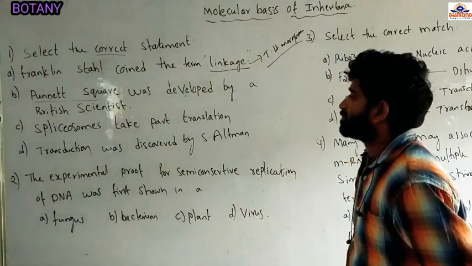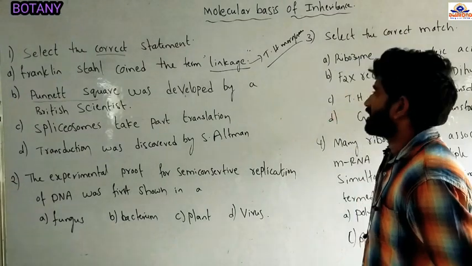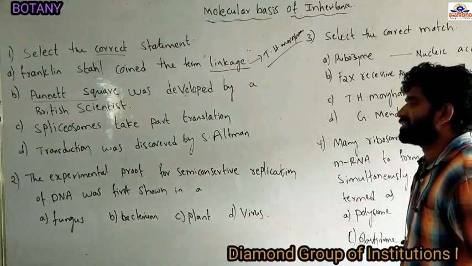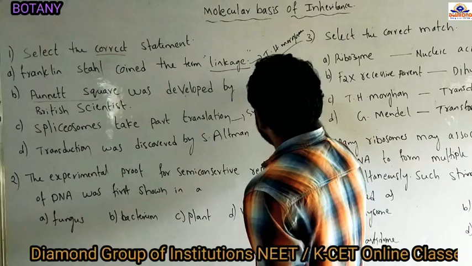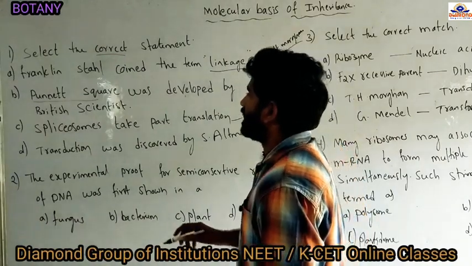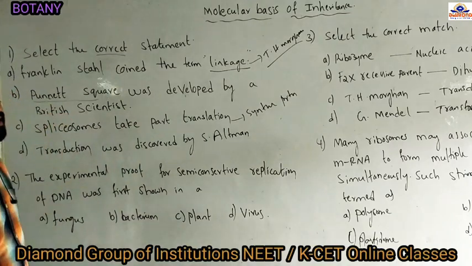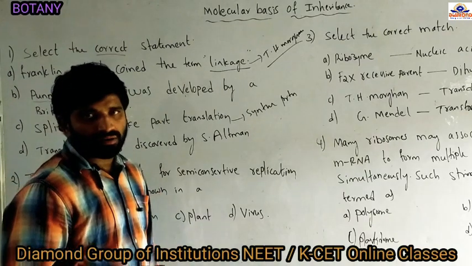And option C, spliceosomes take part in translation. Translation means synthesis of protein. Here, spliceosomes are seen in the splicing mechanism of transcription, mostly in eukaryotic organisms.